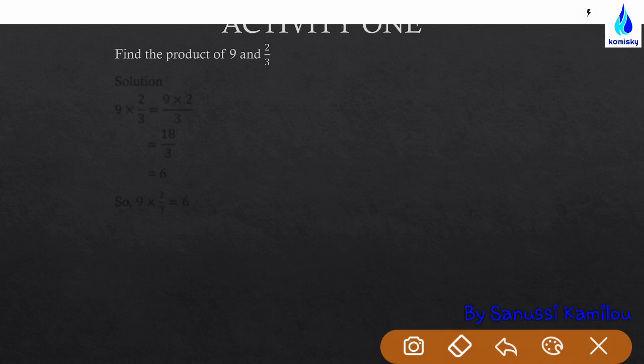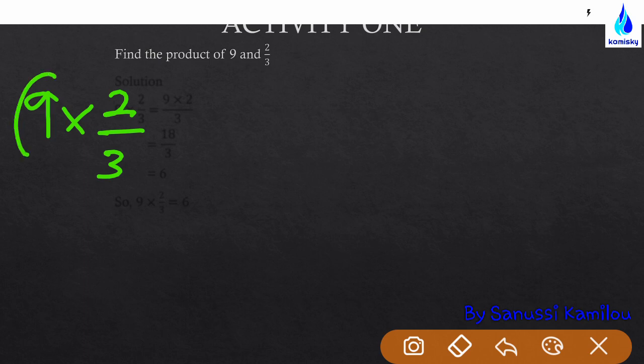Without wasting time, let's look at the solution of this question. So you are to do 9 times 2 out of 3. Is it not so? According to the rule, we should multiply only the whole number by the numerator. So we are not touching the denominator.